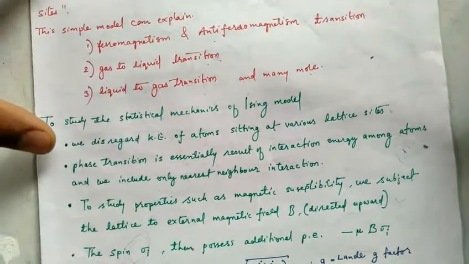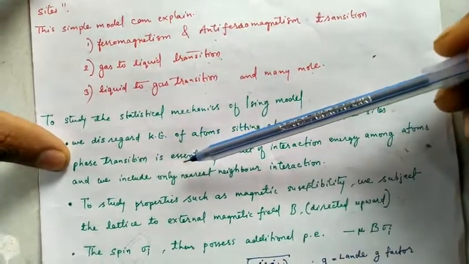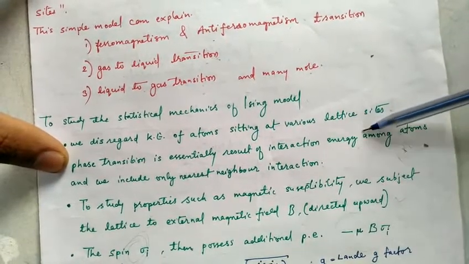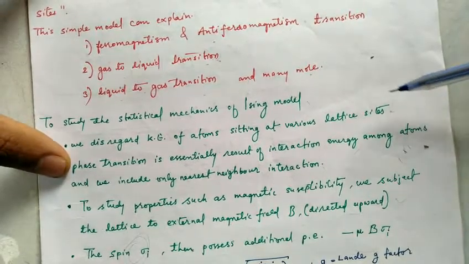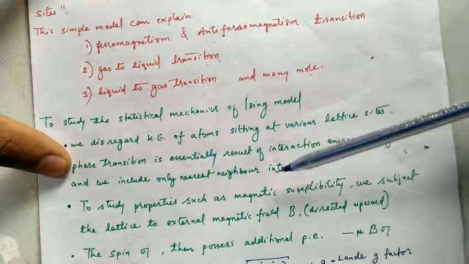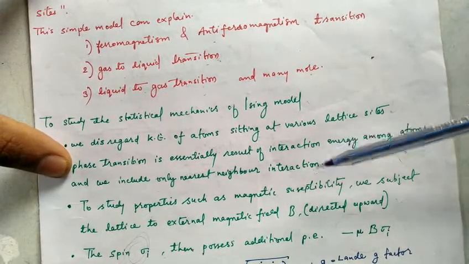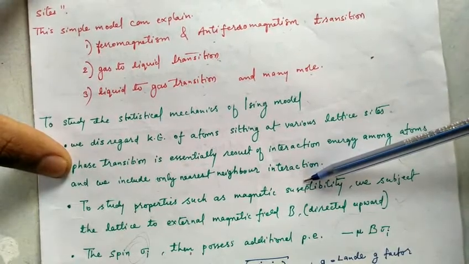The phase transition is essentially the result of interaction energy among atoms, and we include only the nearest neighbor interaction. So in this model, to explain the phase transition, only the nearest neighbor interactions are counted.